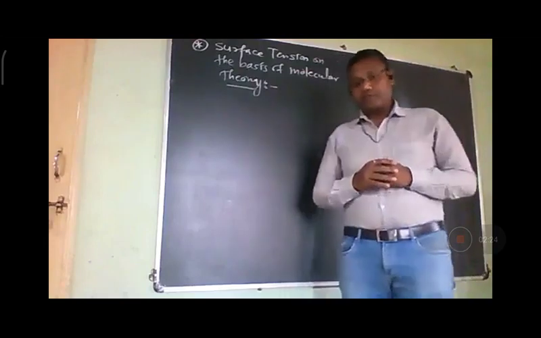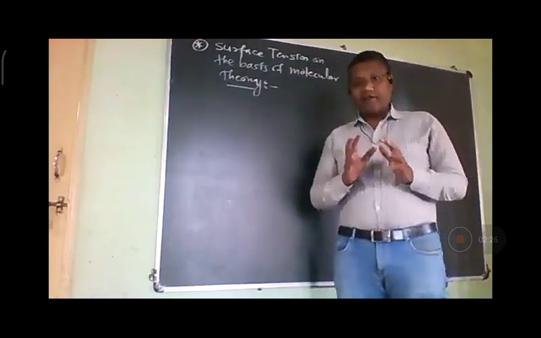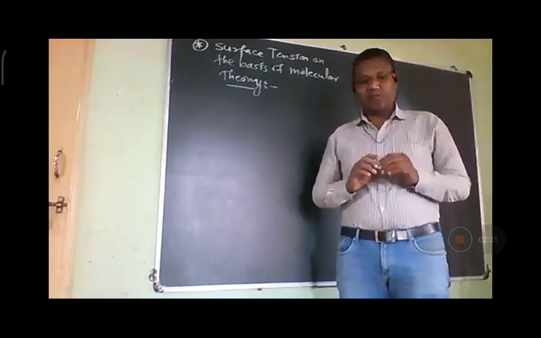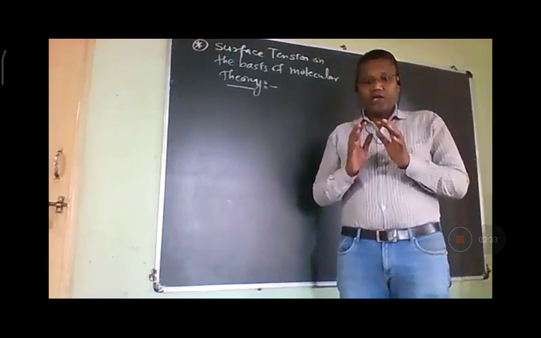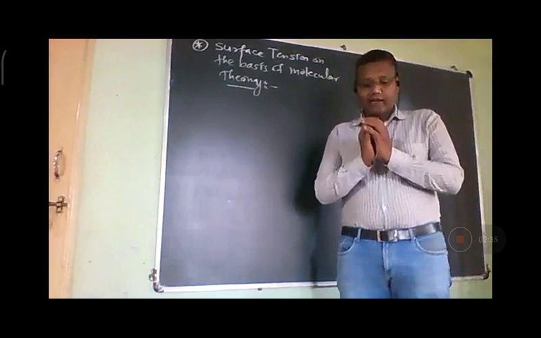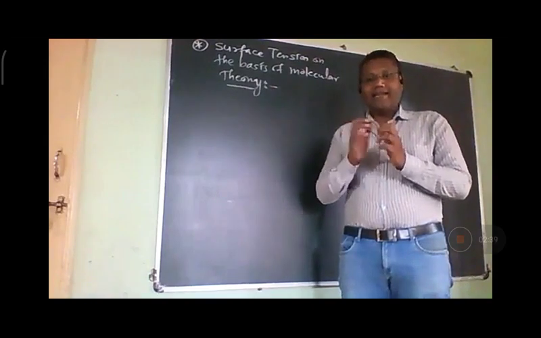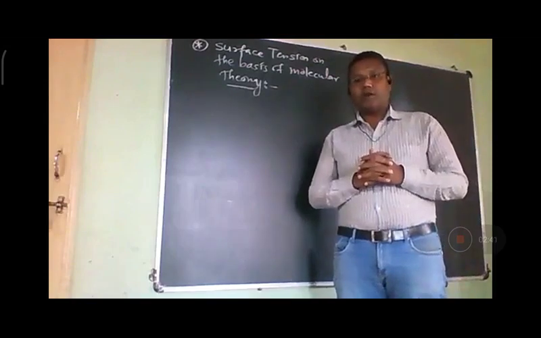Next we have seen the sphere of influence. This sphere of influence is basically the imaginary sphere drawn with the molecule at its center and the radius equal to the range of molecular attraction.